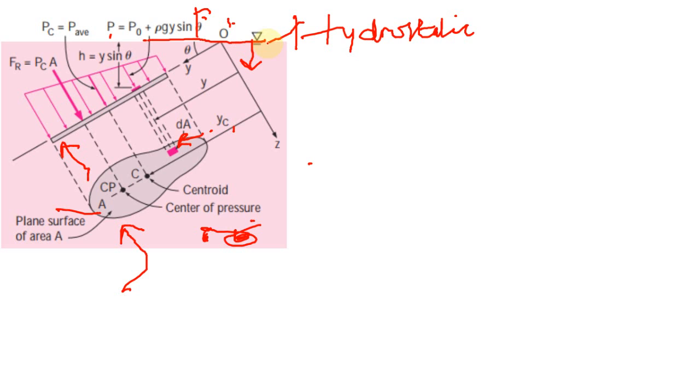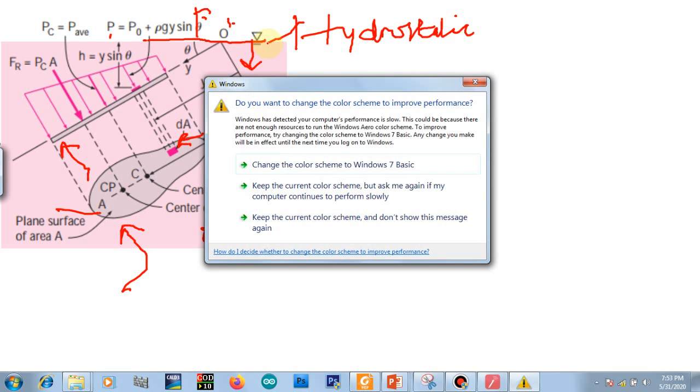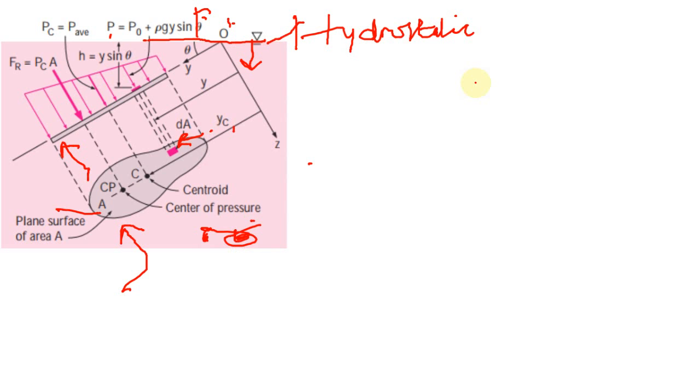So we're going to look for the resultant force, and we're going to look for the center of pressure to know where that force is acting, and this is a very important concept in our study.